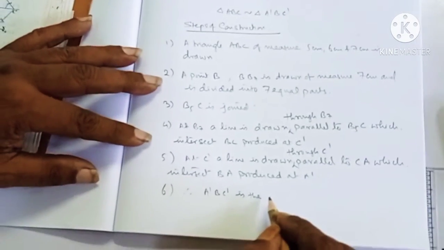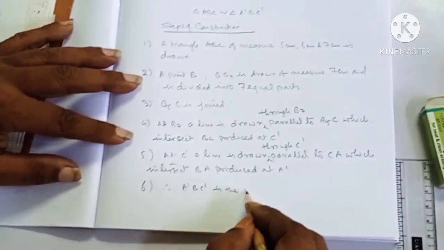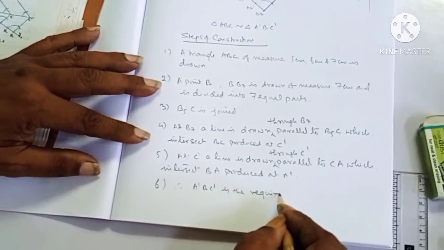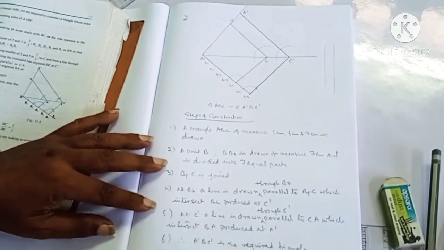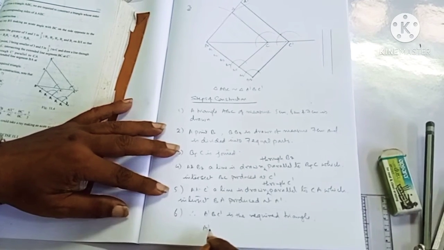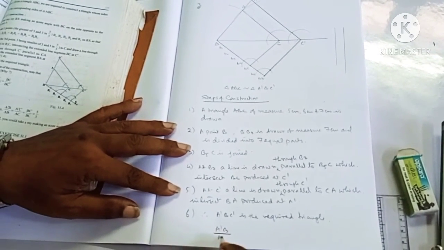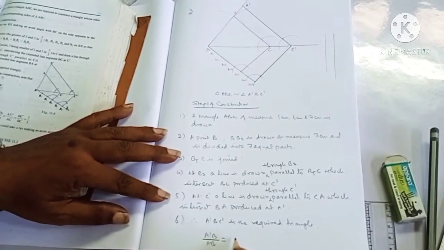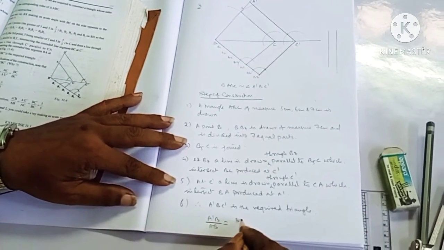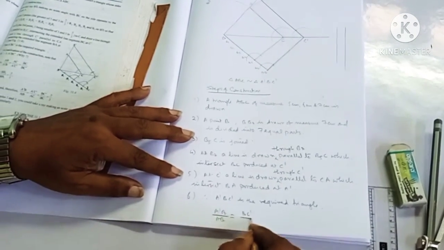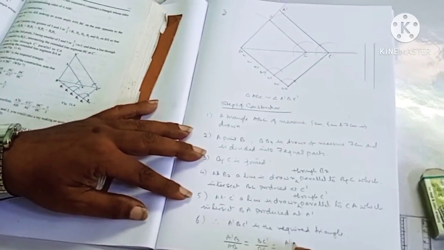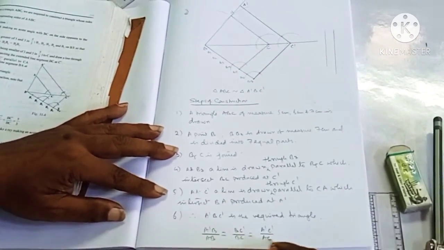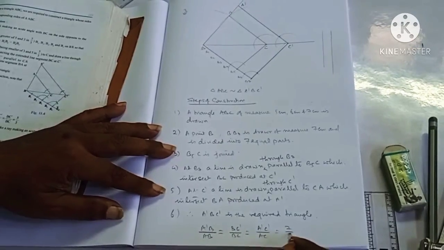Therefore A dash B C dash is the required triangle, and here A dash B by AB is equal to B dash B C dash by BC is equal to A dash C dash by AC. This will be equal to 7 by 5.